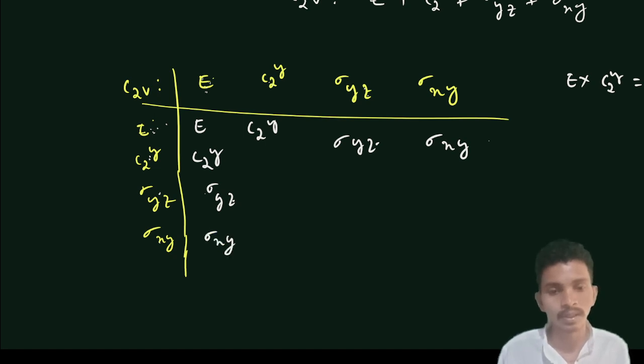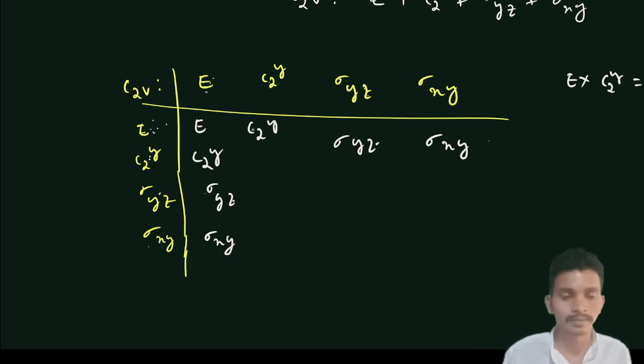So everywhere if we multiply by E, then we get the same value. Okay, so this is very clear, because if you multiply E with any value, you will get the same value.